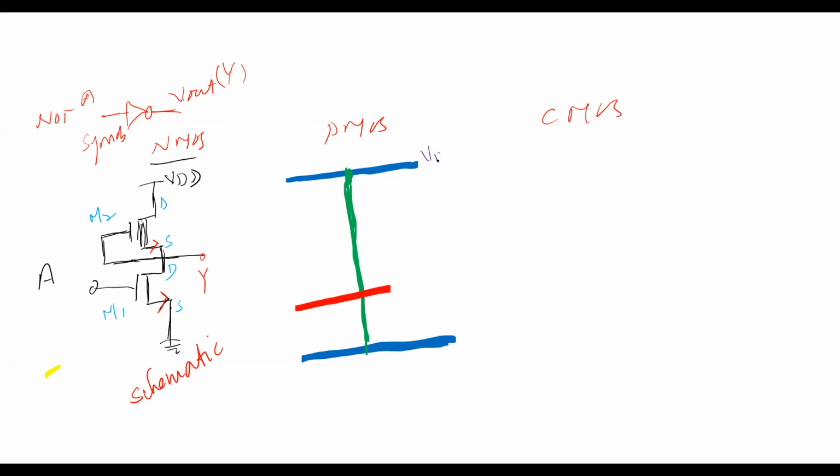This is the ground, G and D. For the gate, logic A is given to the gate of the M1 transistor. Whenever the polysilicon crosses over the diffusion, that becomes the gate.